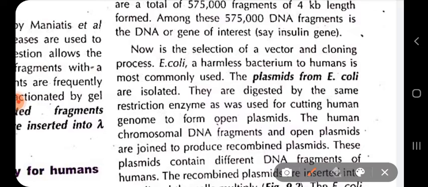So now comes the selection of a suitable vector and then the cloning process. Generally, for cloning into a host cell, we use E. coli. Every time we study recombinant DNA technology, we use this model organism called E. coli. It is a harmless bacterium.